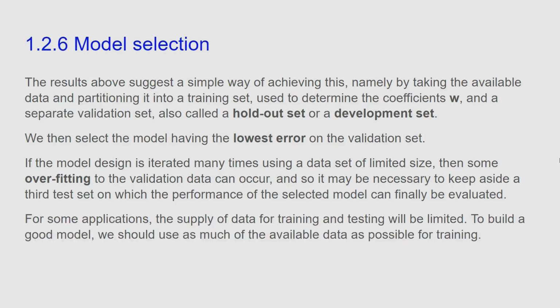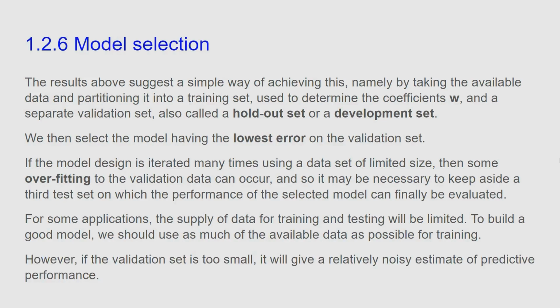For some applications, the supply of data for training and testing will be limited. To build a good model, we should use as much of the available data as possible for training. However, if the validation set is too small, it will give a relatively noisy estimate of predictive performance.